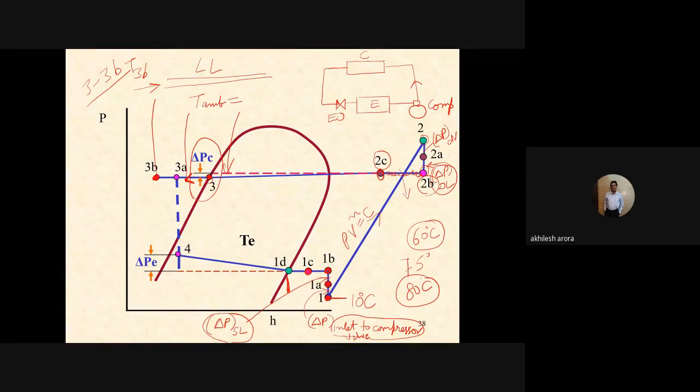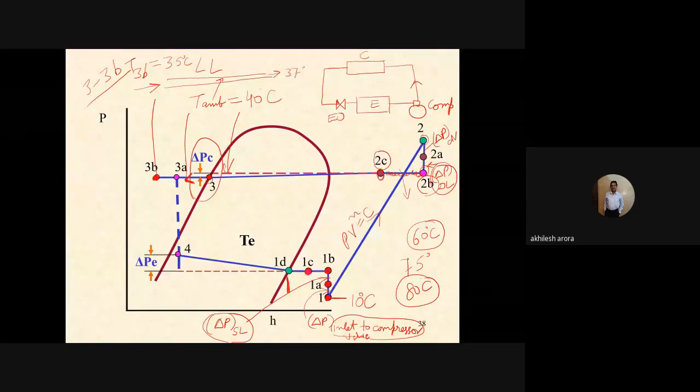So if the surrounding air temperature is, say, 40 degrees Celsius, then there is a possibility that the temperature at 3B could be 35 degrees Celsius. So heat transfer will take place from the ambient to the refrigerant flowing in the liquid line. The temperature at the exit from the liquid line could be, say, 37 degrees Celsius.